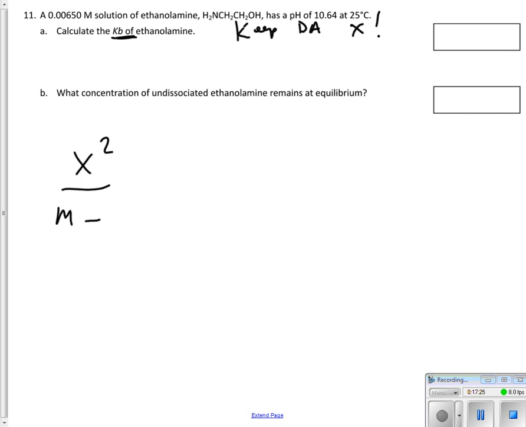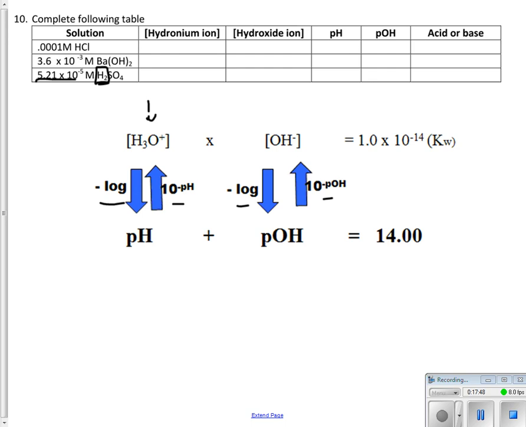They give me molarity right there, so I'm going to go 0.0065 over, and then minus. Notice how they give me a pH of 10.64. For this to work, X, if it's Ka, has to be H3O plus, or if it's Kb, it has to be OH minus. Since they're asking me for a Kb, I need OH minus.